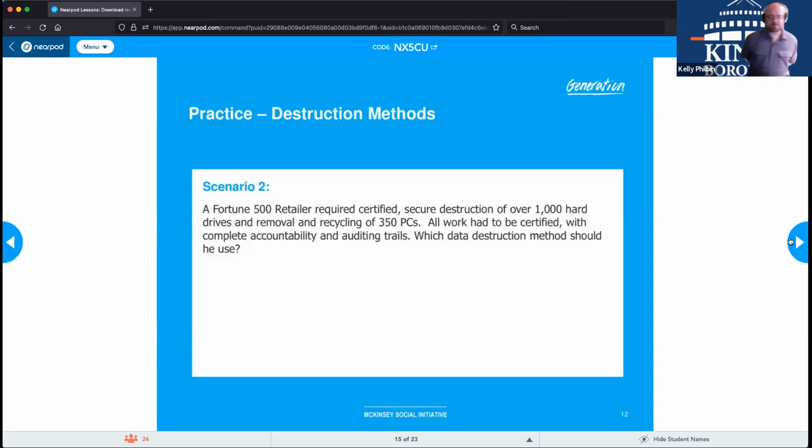Anybody else have thoughts on this one? I would go with destruction. What did you say, Stephen? Low level formatting. Oh, if it wants a certificate, then it's destruction. I'm saying if they want a certificate of destruction, correct? Yes, so it would be destruction through a company.